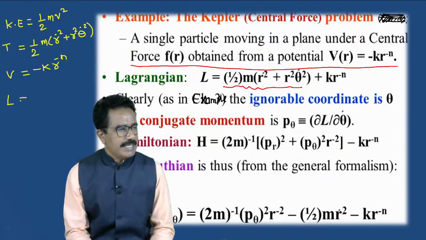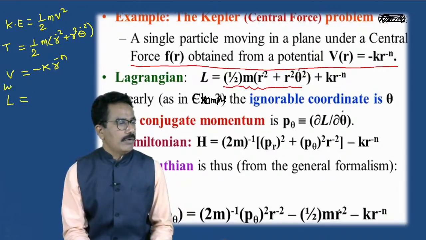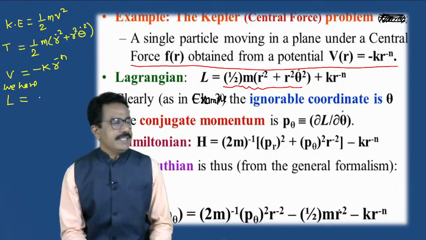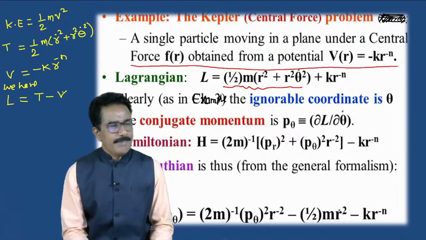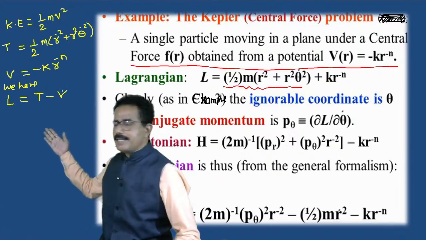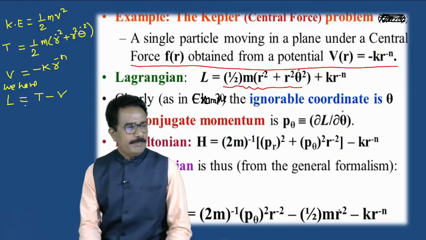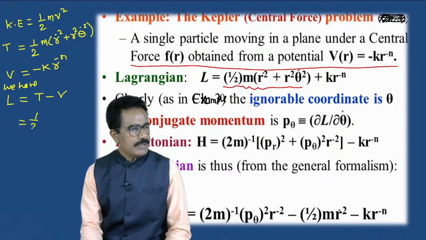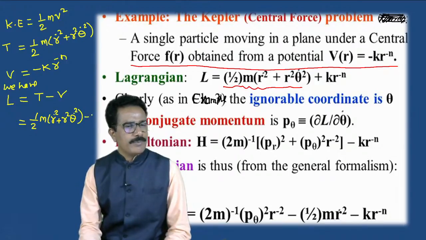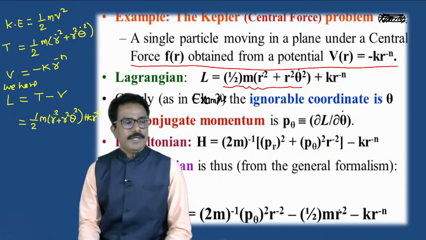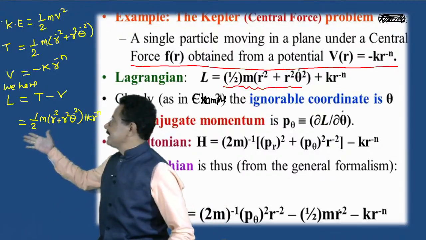According to the definition, Lagrangian L is equal to T minus V. So putting the values, T means 1/2 m into r dot square plus r square theta dot square, minus V, which is minus minus, plus k into r raised to minus n. So we will write this Lagrangian.